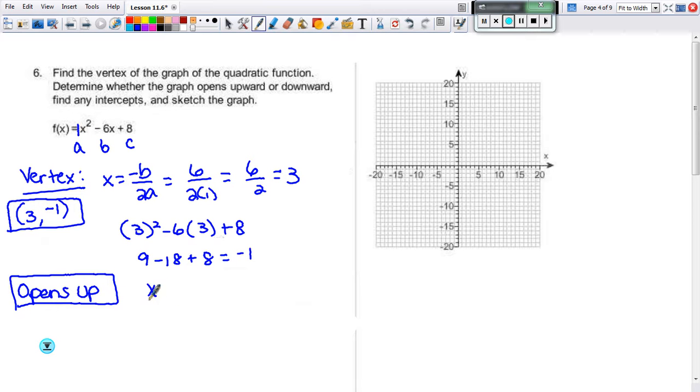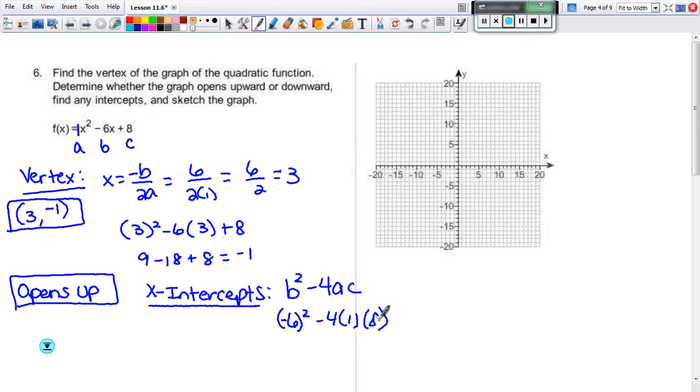The x-intercepts, test it against the discriminant, b squared minus 4ac. So b squared, the opposite, I'm sorry, that's -6 squared minus 4 times 1 times 8.